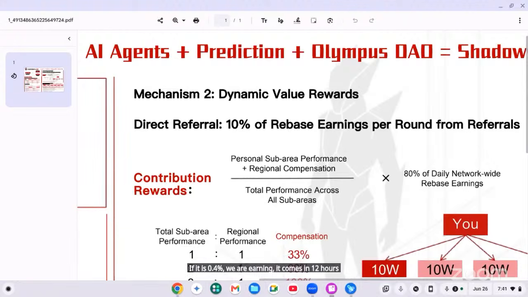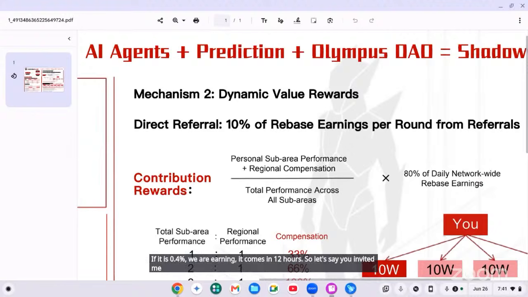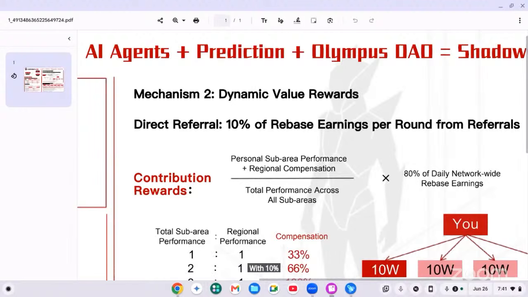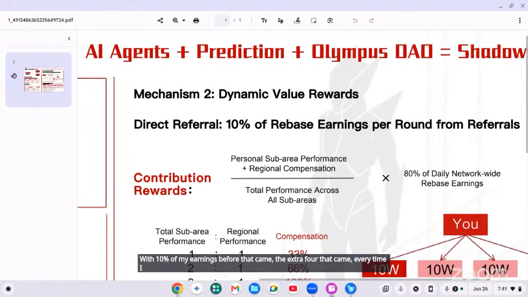So let's say you invited me earlier, like I demonstrated, and I put in 1,000 SACK. Then in 12 hours, I earn 4. The system is going to automatically reward you with 10% of my earnings. Every time I earn the 4, 10% of that comes to you.